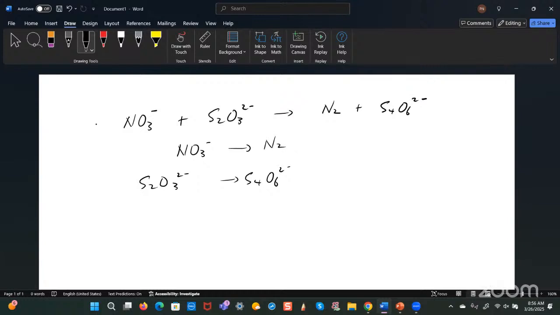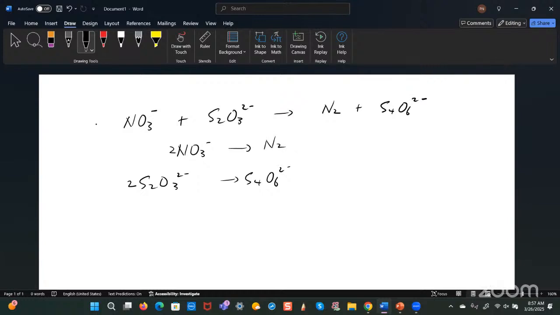Okay, so what does that mean for the first half equation? What do we need to balance, if anything? The 2 coefficient on the NO3. Okay, very good. And what about the second half equation? The 2 coefficient on the S2O3. Okay, very good. All right.